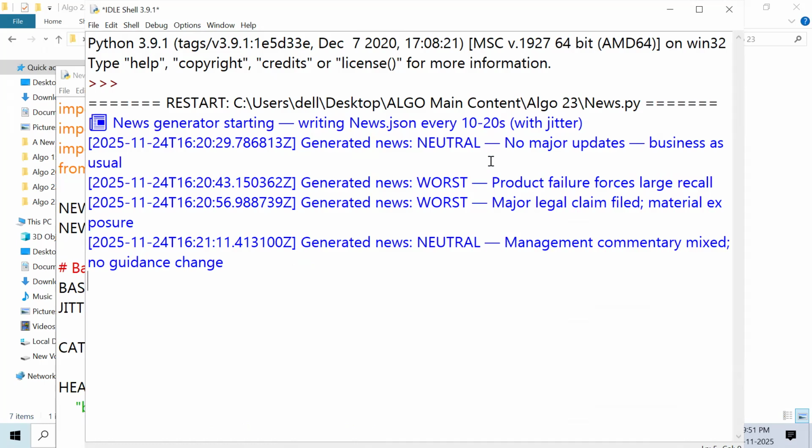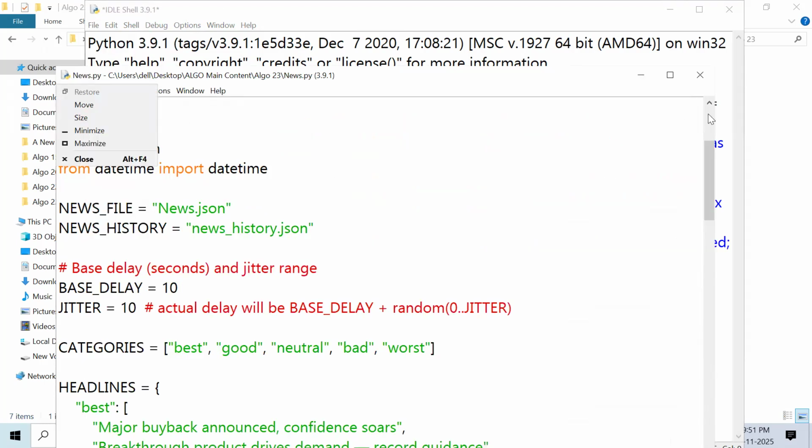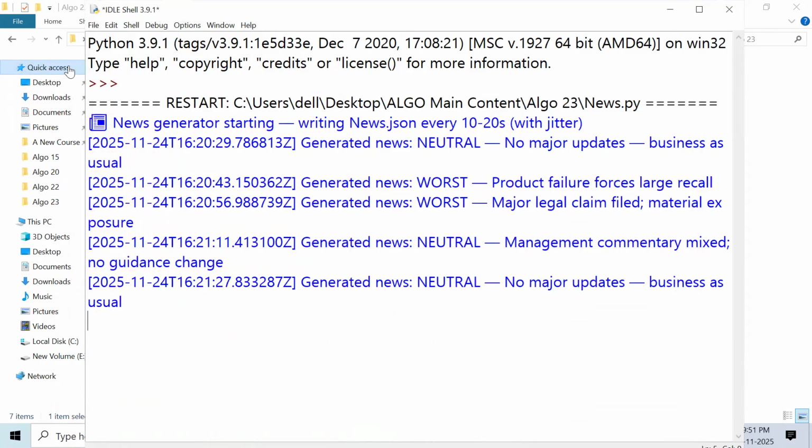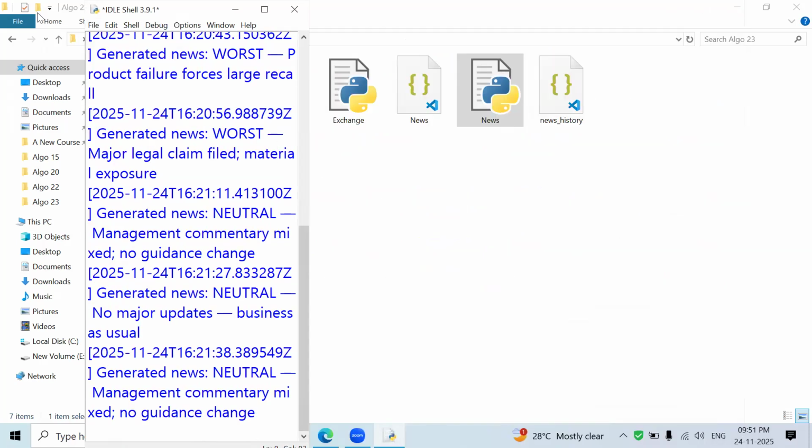What will happen when this kind of news is flowing in the market? Let me show you what happens with the price. Let me adjust this window in a way that I can keep the other window also with me.